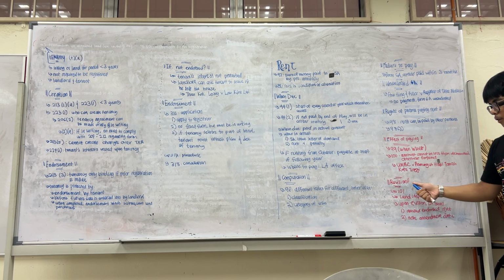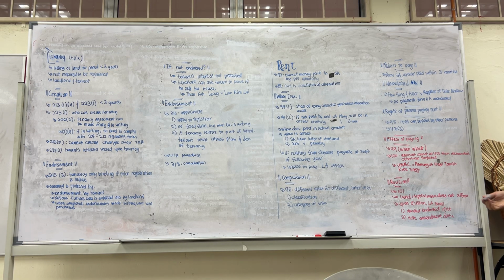Okay, lastly, revision. In section 101, the state authority can revise the rent rates from time to time, and land improvement does not affect the revision of rent rates. We see that, contoh, if you are building a house or you build a business or agriculture on your land, that is considered improvement, but it does not affect the revision of rent rates.